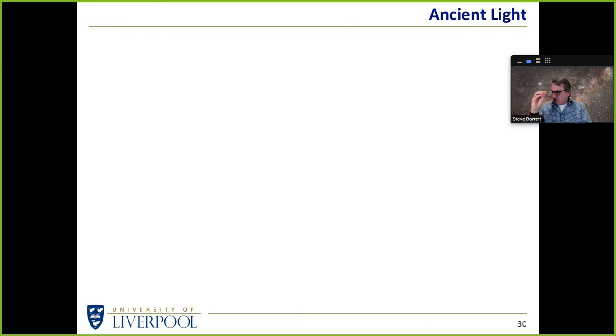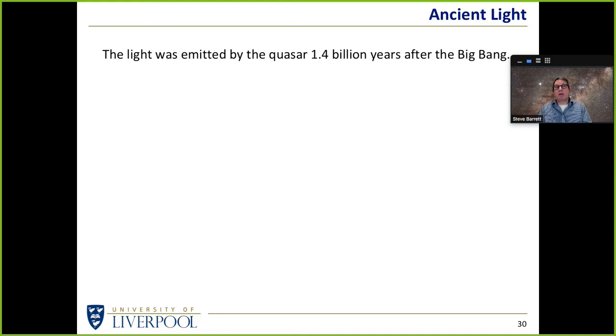There's actually a little bit of a wiggle in there, determined by the changing velocity of the quasar. If we think of it in terms of the light's journey, it's quite a remarkable journey. We have to go back 12.4 billion years to the origin of the light. So that means the light was emitted by this quasar about 1.4 billion years after the Big Bang.